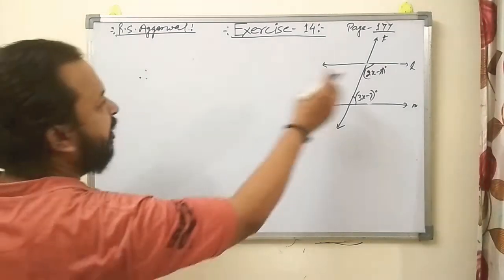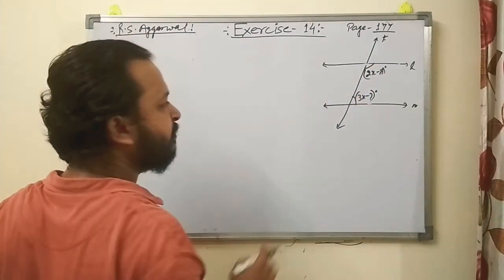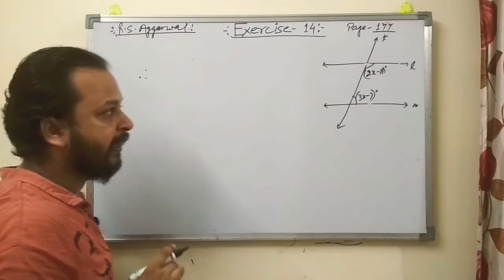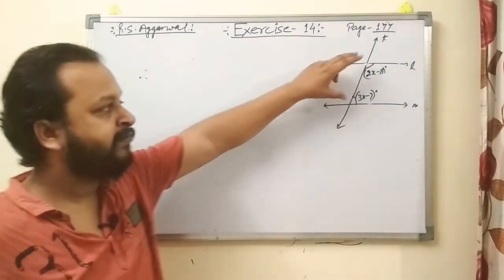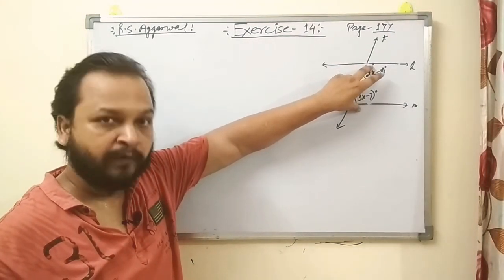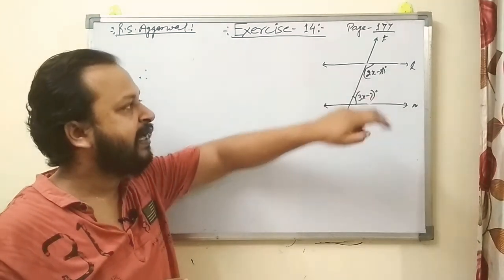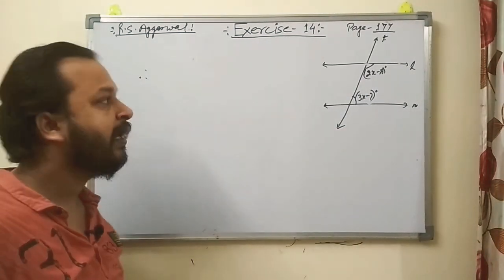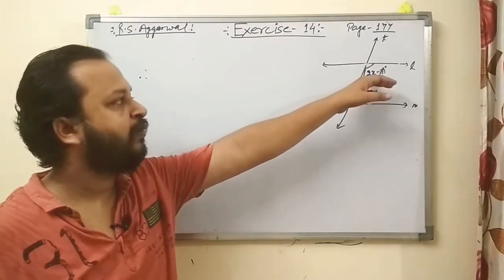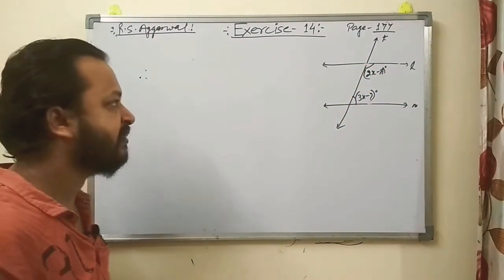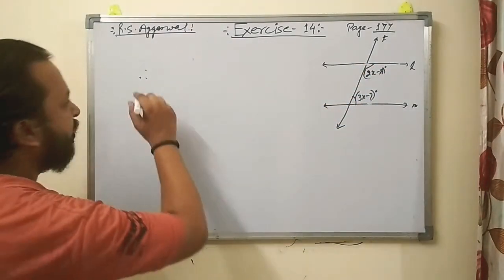It means the sum of these angles must be equal to 180 degrees, right? So just add them, that equals 180 degrees, and by that you can find out the value of x. Put the value of x into the given angles, you can easily get the values, right?